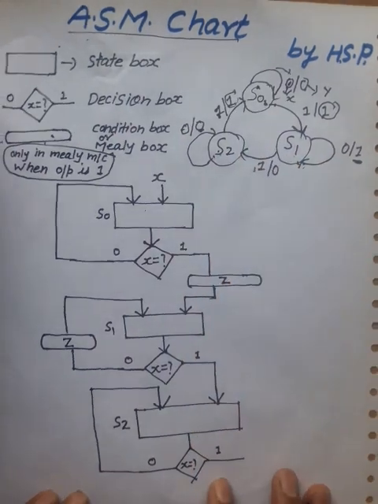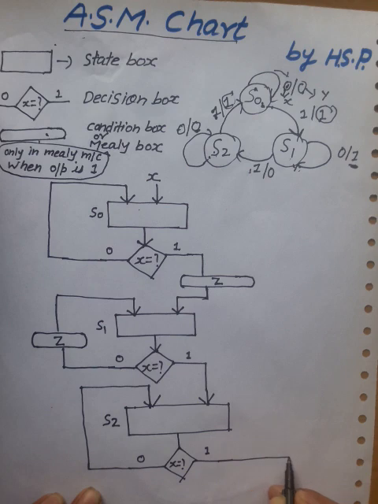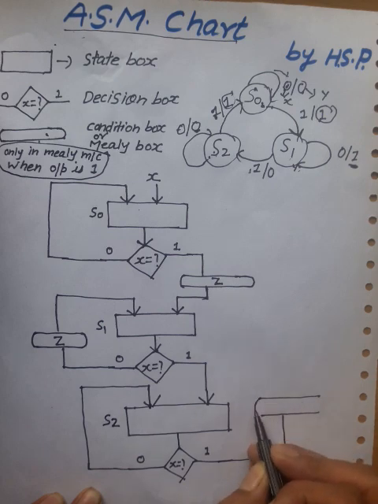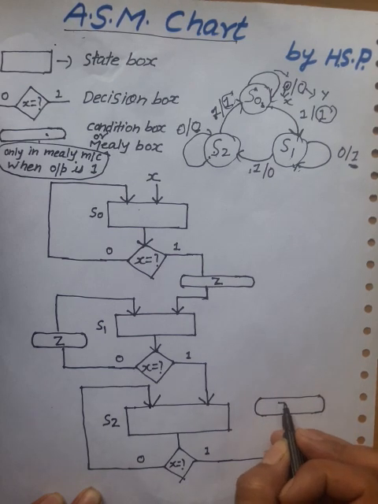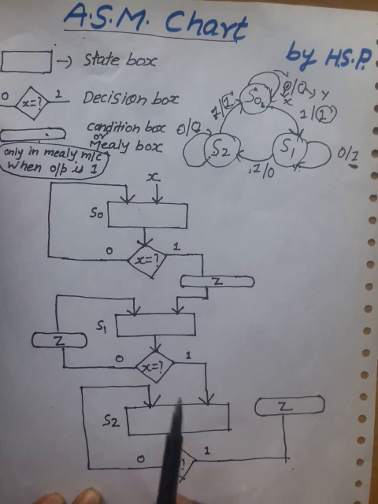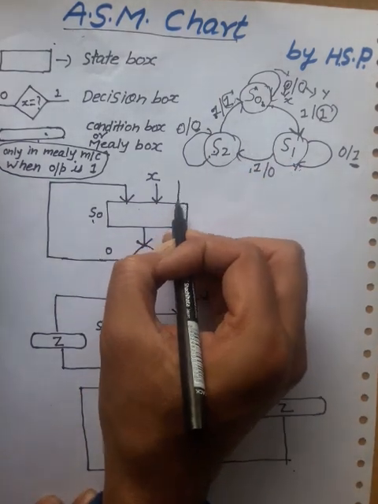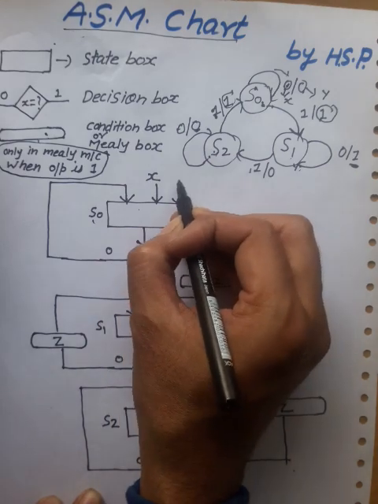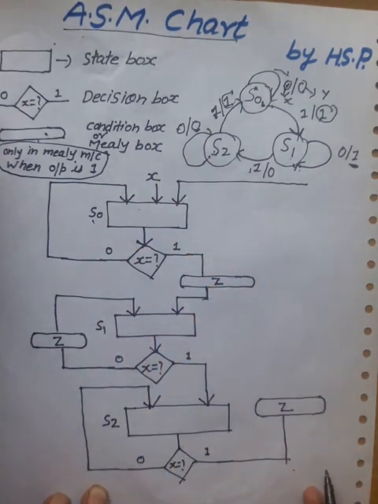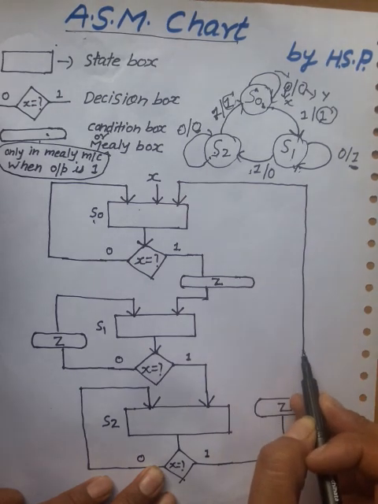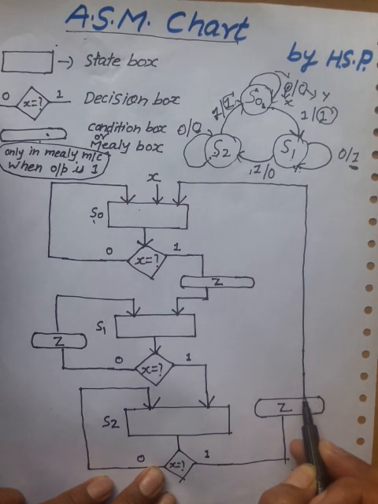Okay, so we will make one Mealy box Z, and when value is 1, it is going to S0, S2 to S0. So just connect from here to here.